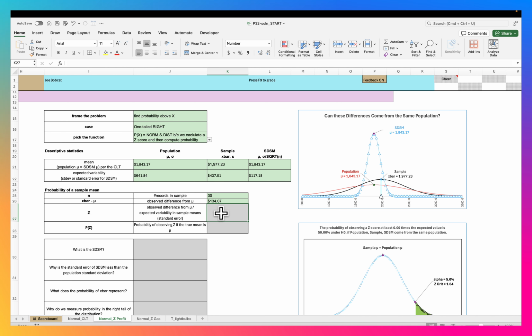And then the z-score is calculated as the observed difference from mu divided by the expected variability in the sample mean. Sounds real fancy, but it's really just this divided by the expected variability, which we know for the sampling distribution is this number. And those two will give us the standard error.